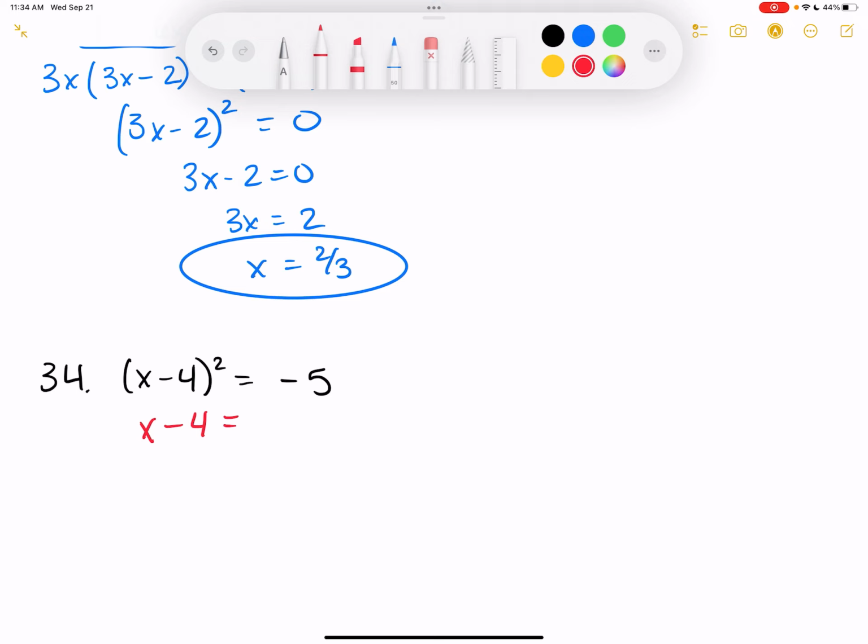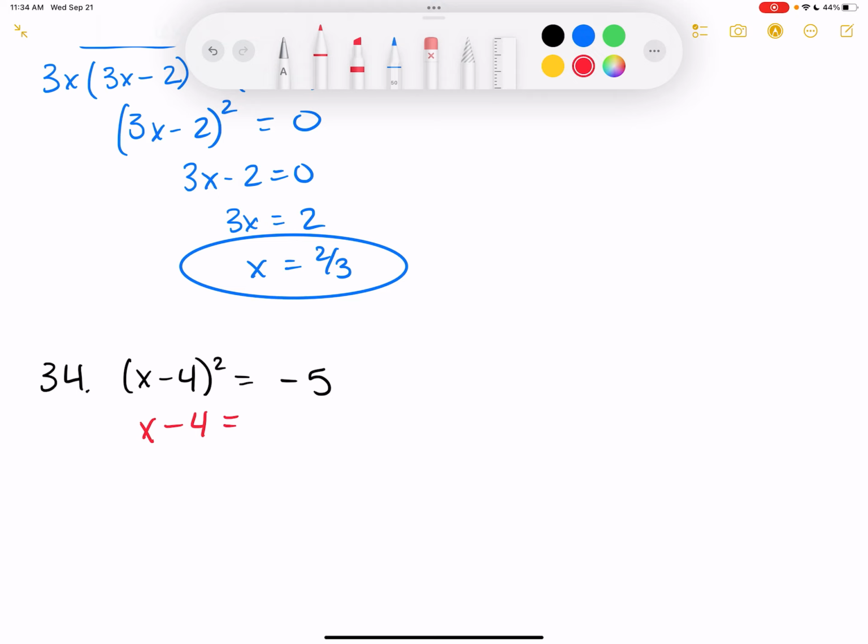Wait a minute. Square root of negative 5. What does the square root property say? How many solutions do I have for square root? 2.